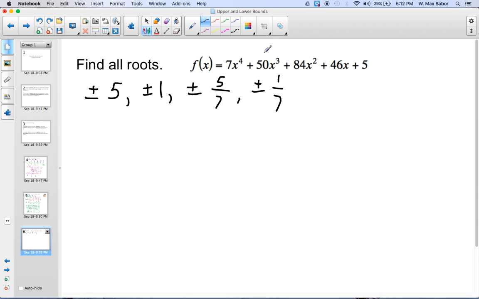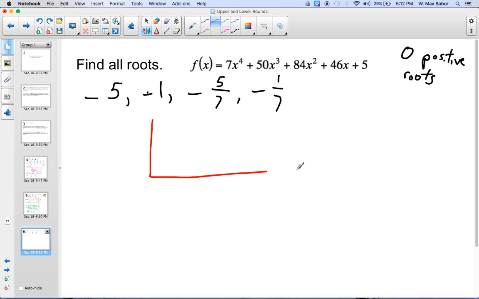Looking at the coefficients by Descartes' rule of signs, because they're all positive, I know that there are no positive roots. So we can erase all of the possible positive roots and say, okay, we're left with negative possibilities.